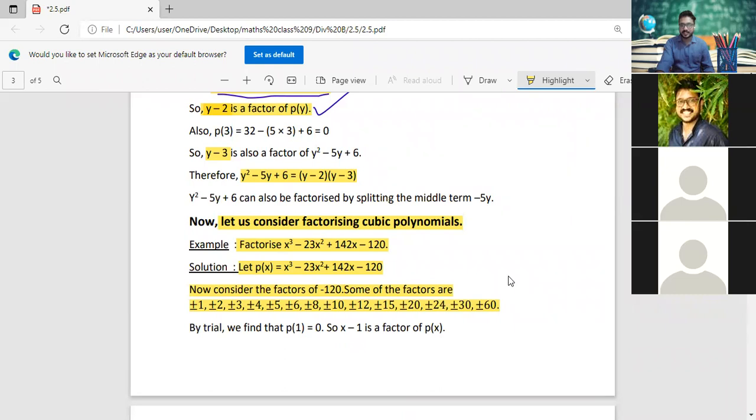You know what a trial and error method is, right? We are just taking a value and substituting it there. Then we are checking whether it is correct, whether it is satisfying our condition.